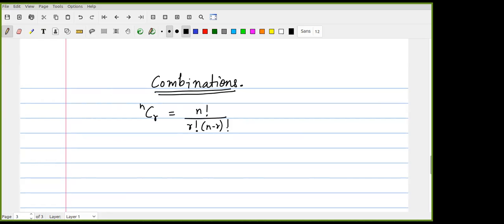मोटे मोटे तौर पे what we are doing here is, let me assume that in your classroom there are 40 students, okay, and now the scholarship committee wants to give 2 scholarships.